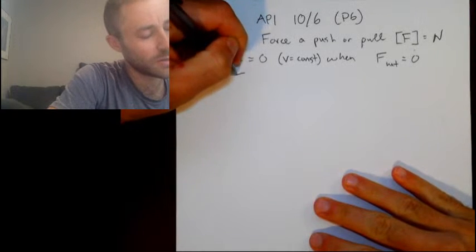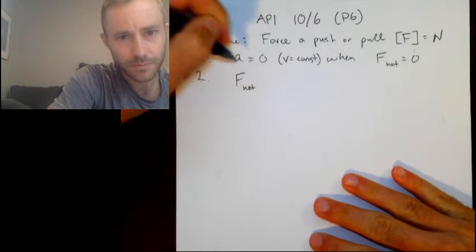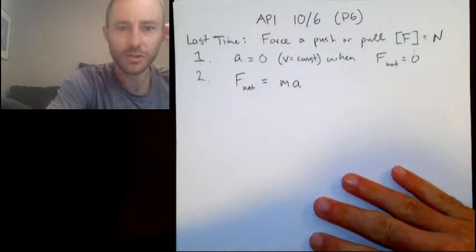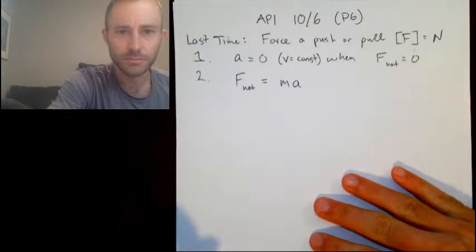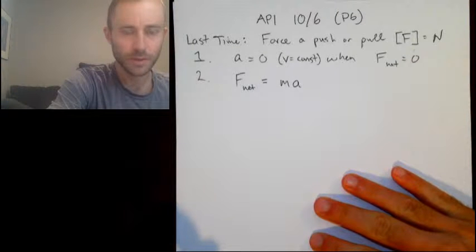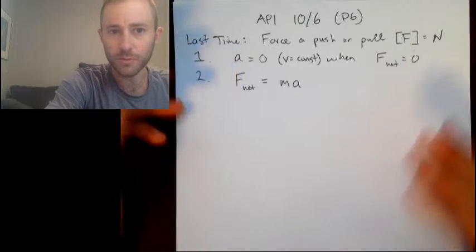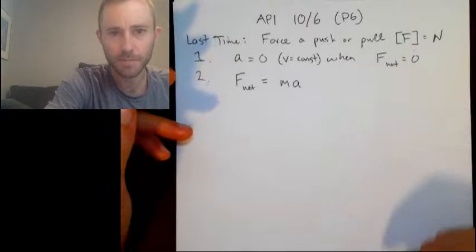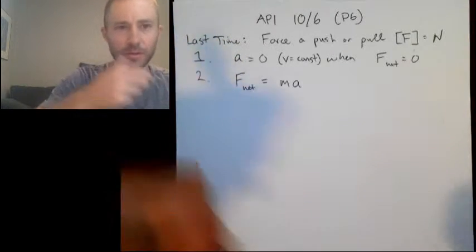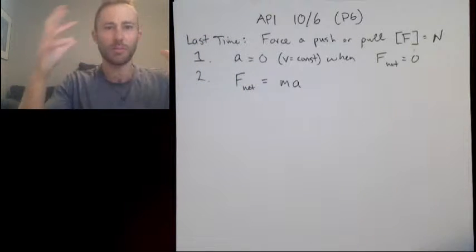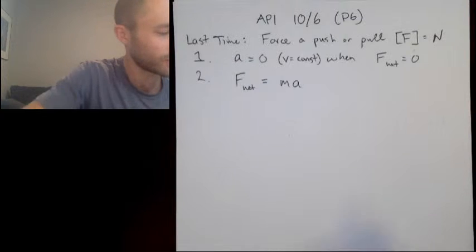And it says that the net force equals mass times acceleration. Okay, the net force, if you remember, is the total force. So if you have a bunch of individual forces acting on an object, the net force is the combined result of all of those.